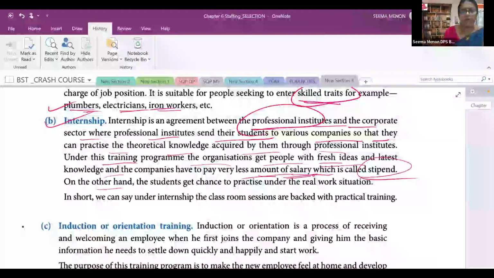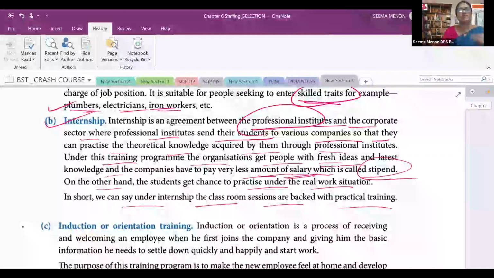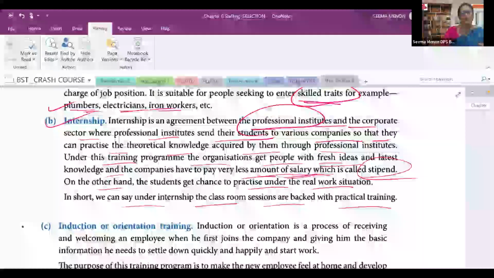On the other hand, the students get a chance to practice under real work situations. In short, under internship, the classroom sessions are backed with practical training. The practicals in your normal professional studies will be taken as practical training, and they have to go and work in an organization for a few months.